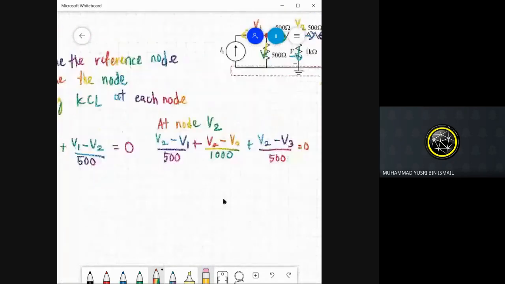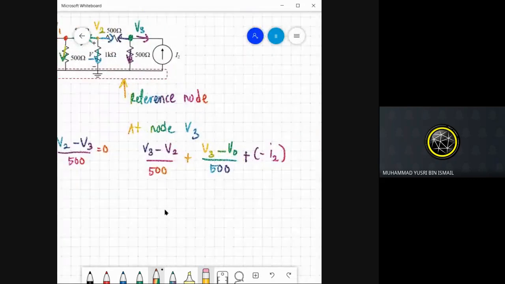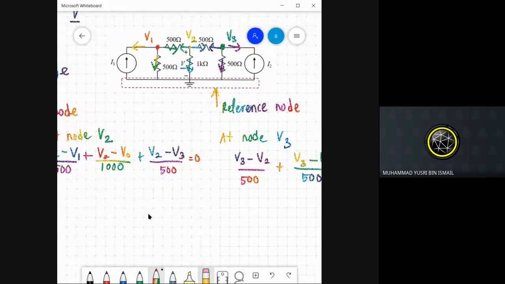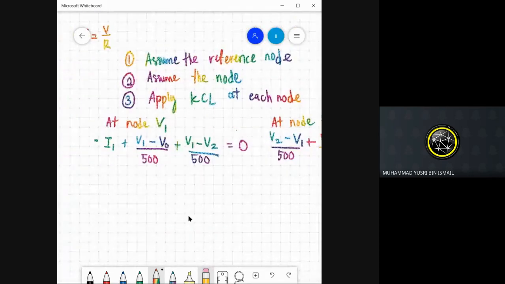I write it as a big I, then equal to 0. Now what you need to do is to arrange the equation.